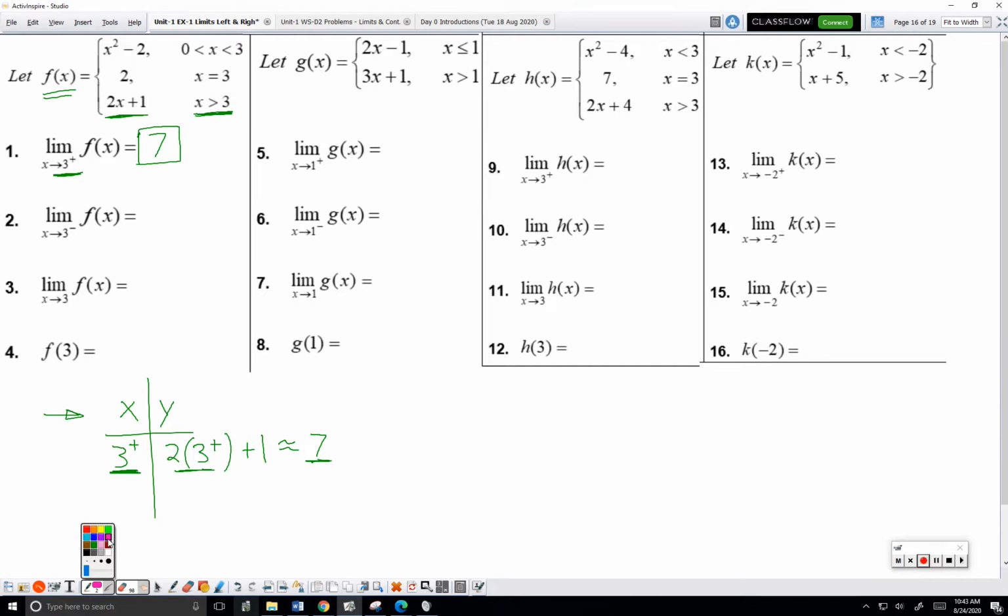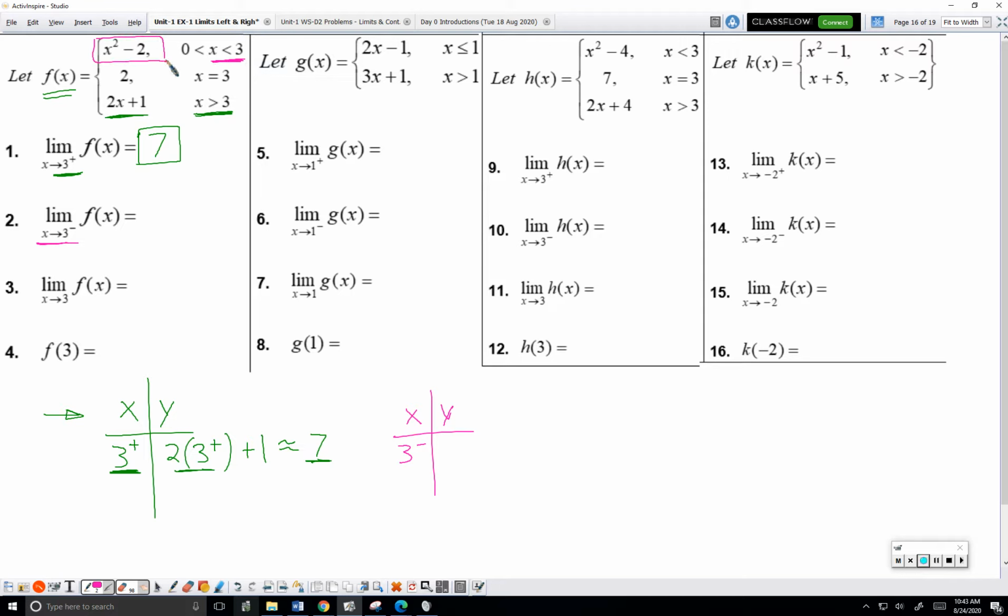Now the left-hand limit. So when x is just a little bit less than 3, slightly less than 3, let's see here. That means I have to use this formula.